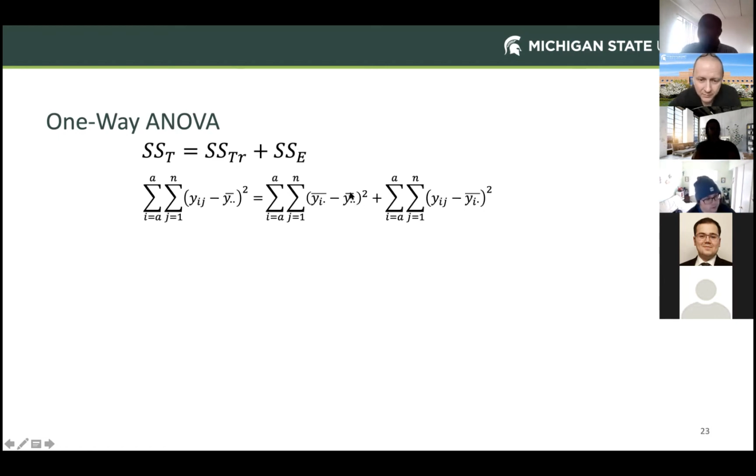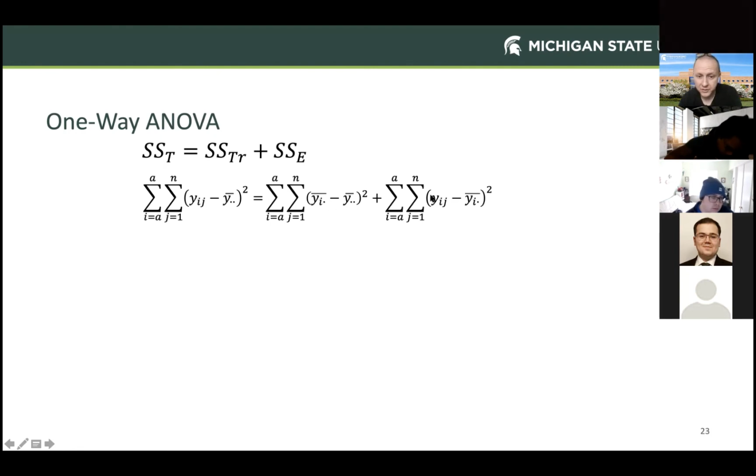Subtracting from that our overall mean, and squaring that quantity. This is giving us a sense of how much distance there is between each of those individual group means, or sample means, and the overall mean of our data. And then the sum of squares for the error term is just giving us a sense of how much variability there is between those individual data points and their respective group means, okay?